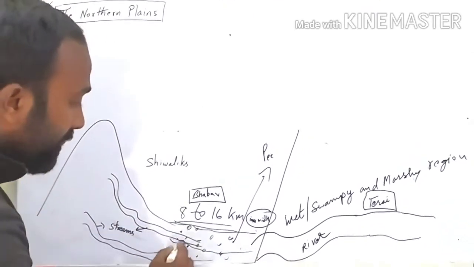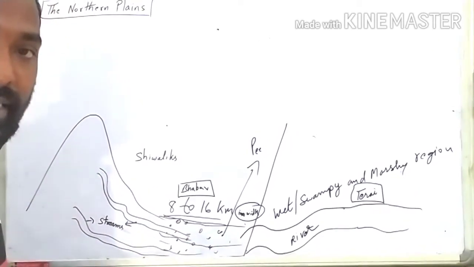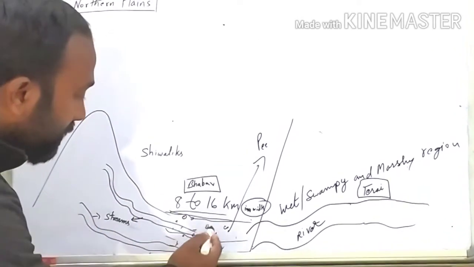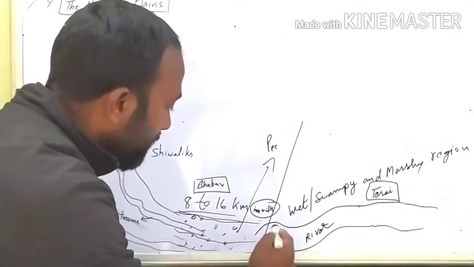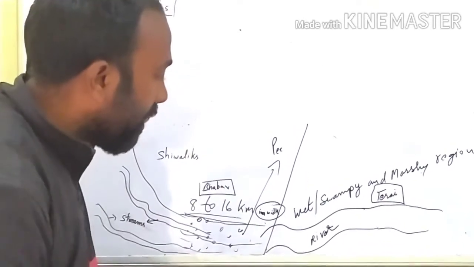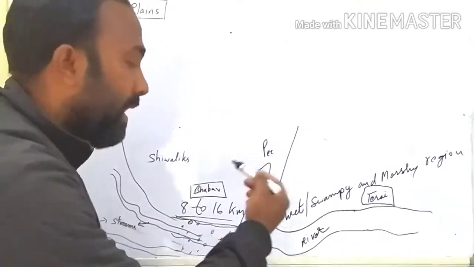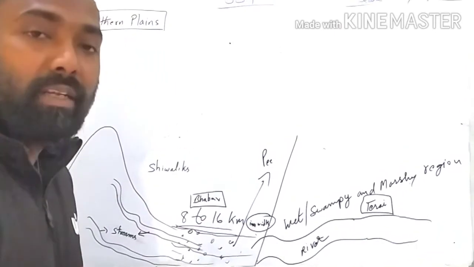Now, the streams which pass through this bring these pebbles down themselves. When a stream passes through this Bhabar, it crosses this 8 to 16 kilometers of length, and when it comes out at the end of the Bhabar, it converts into the water body called a river.